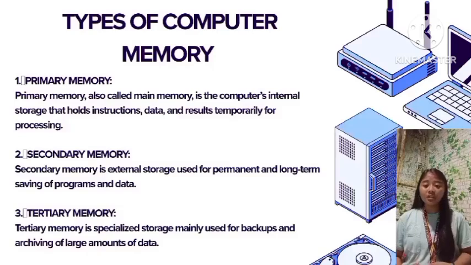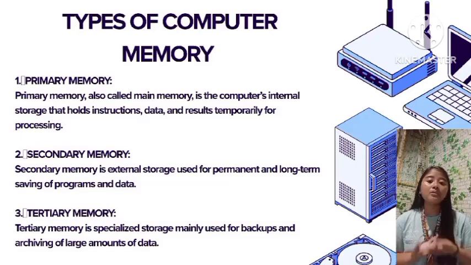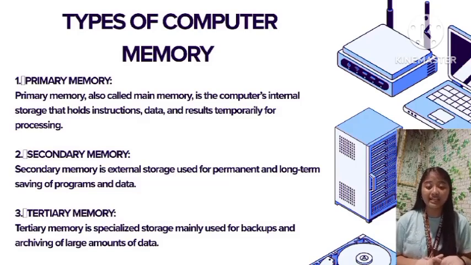Primary memory can access data quickly, but it has a smaller storage capacity compared to other memory. An example of primary memory is RAM, which stands for Random Access Memory.